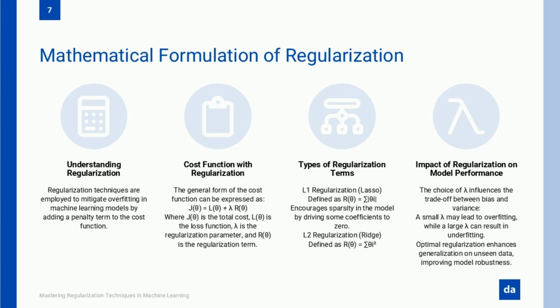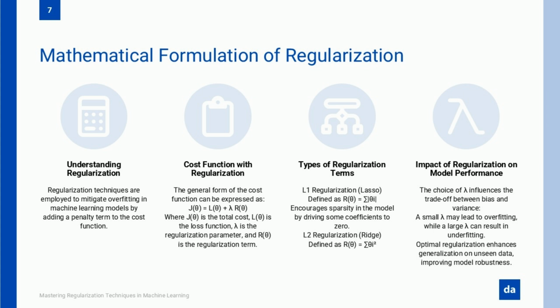At this point, you might be thinking, okay, I get it, but do I actually need to memorize these formulas? Nope. The key takeaway is this: L1, Lasso, adds a penalty based on absolute values, shrinks some features to 0, feature selection. L2, Ridge, adds a penalty based on squared values, shrinks all features but keeps them.